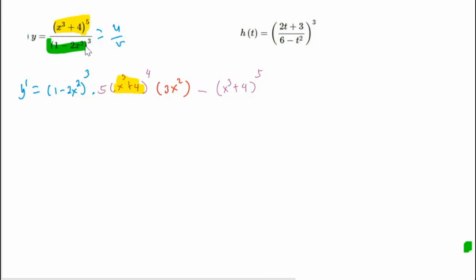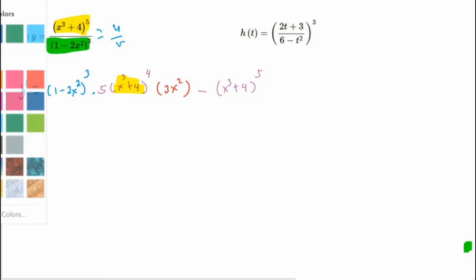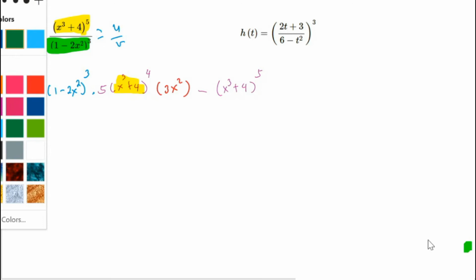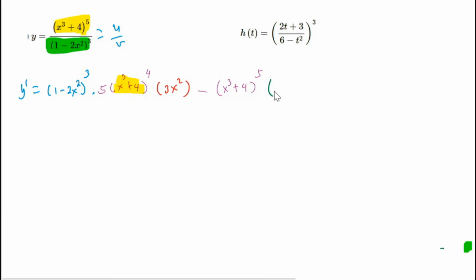This is our v, then we take the derivative of that. We start first with the power rule. So I can write now 3 times the quantity of 1 minus 2x, and then the exponent will be subtracted by 1. So 3 minus 1 is equal to 2.